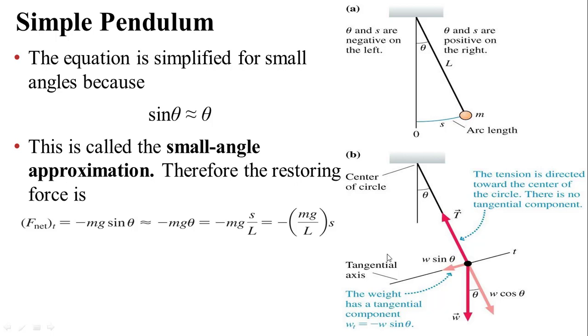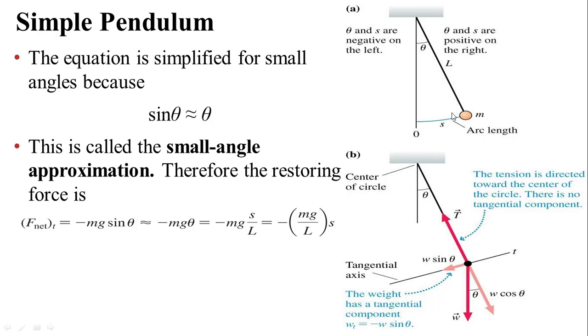Here we can find the angle theta. In this diagram we can see that theta is the angle at the base, S is the perpendicular side and L is the hypotenuse.